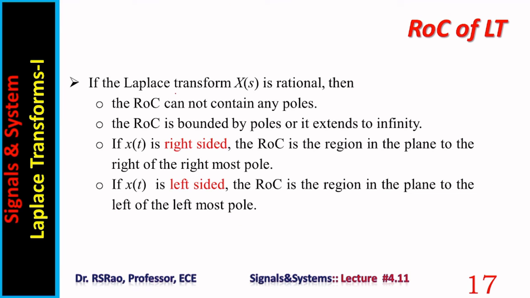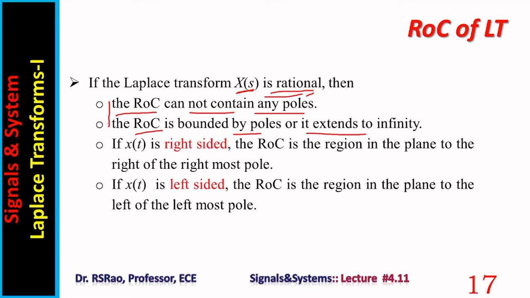Some more properties. If the Laplace transform X of s is rational, what is rational? A rational function is a ratio of two polynomials. If X of s is a rational function, then the ROC cannot contain any poles. The ROC is bounded by poles or it extends to infinity.